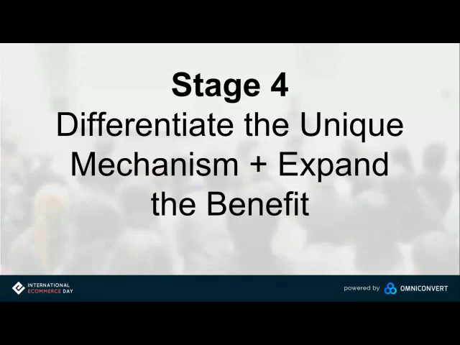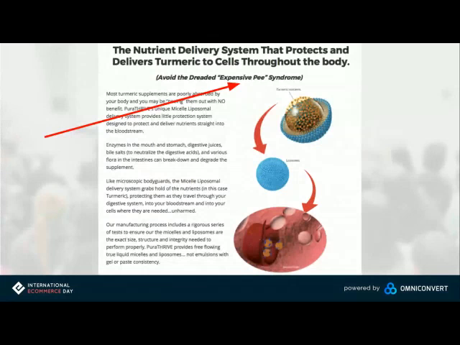In this example, next we're going to look at a stage 4 marketing example. So this is an example where the unique mechanism is expanded on by adding proof on how and why the mechanism works, and expanding on the benefit. So this is a further example of that liposomal delivery and the nutrient delivery system that protects and delivers turmeric to cells throughout the body, avoid the dreaded P syndrome.